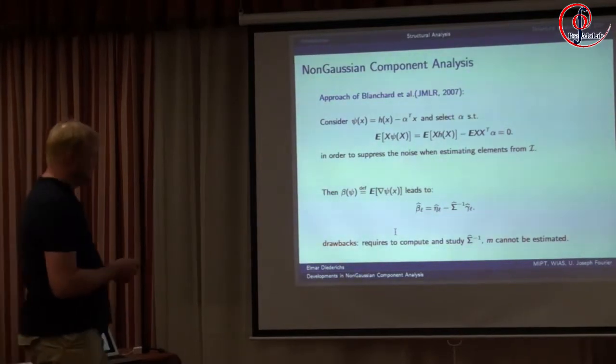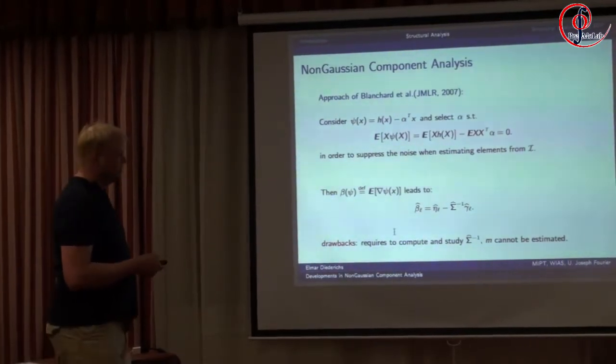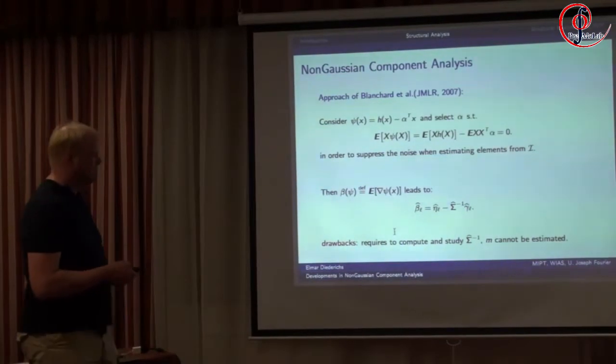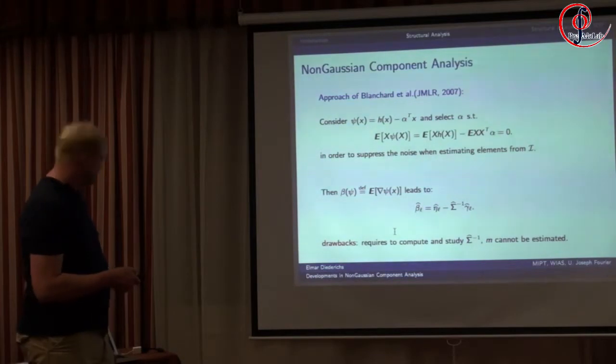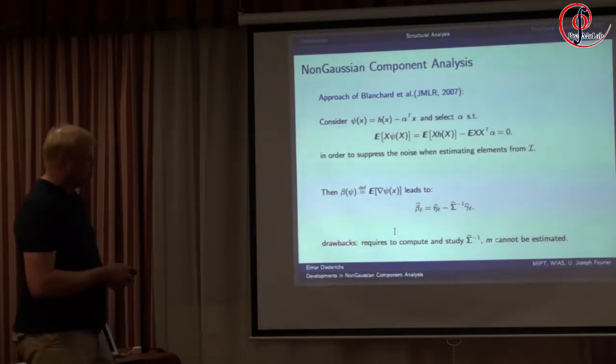The drawback of this method is that you have to compute the high-dimensional inverse covariance matrix. Also, M cannot be estimated by this method. It has to be given a priori to the analysis. What is M? M is the dimension of the reduced space, the target space.